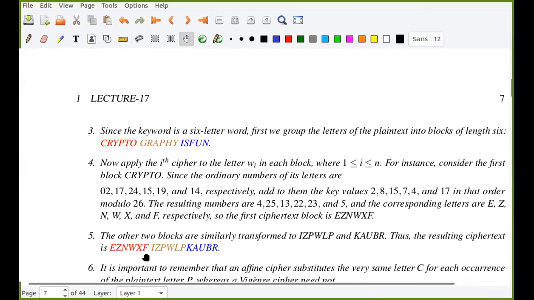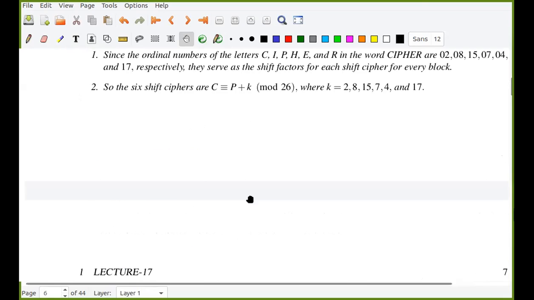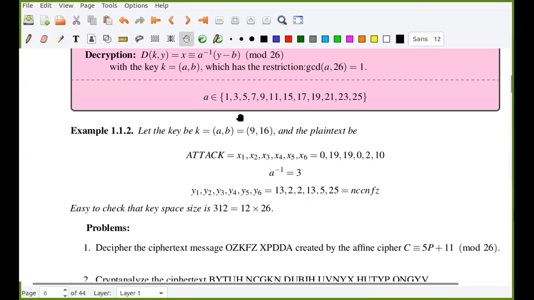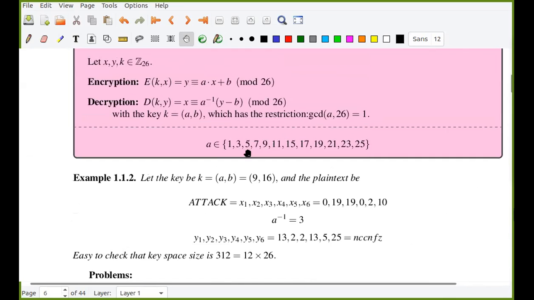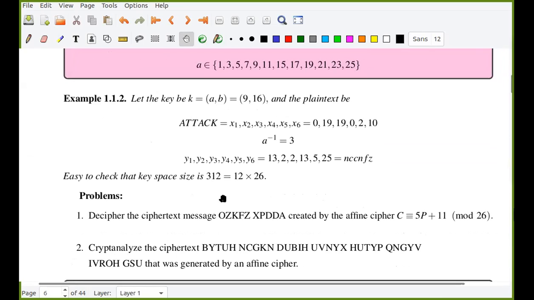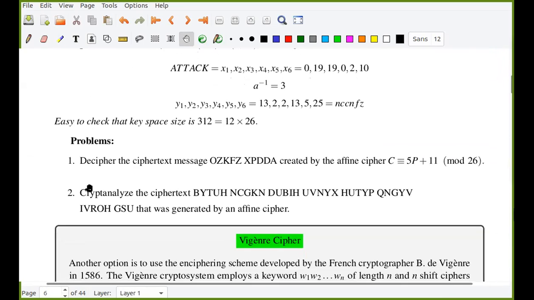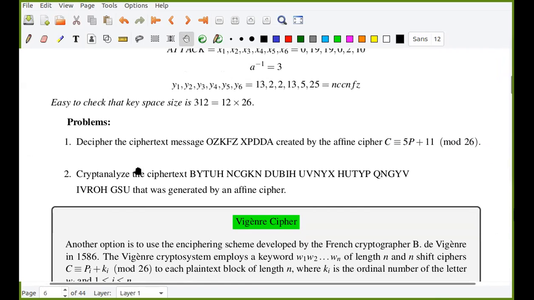That we will see. The letter which comes most frequently, we will convert it into E. One more example we'll see. Attack is the topic, but look at this question: decipher the ciphertext. Of course, we are given the cipher here, and using that we want to go back. But without that, how can you do it?